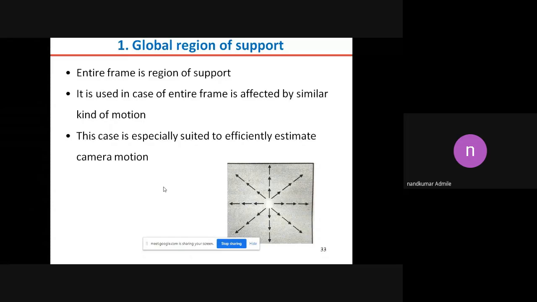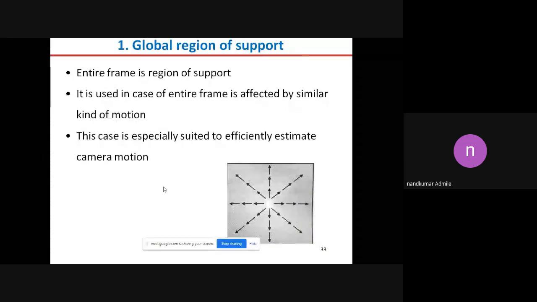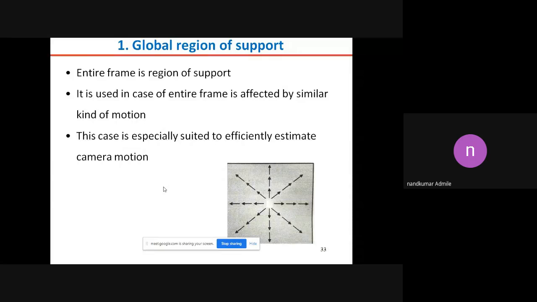So in all directions there might be a change in the motion of that video. We can represent the motion of pixels in an entire frame, and this is called a global region. Have you understood what a global region is?